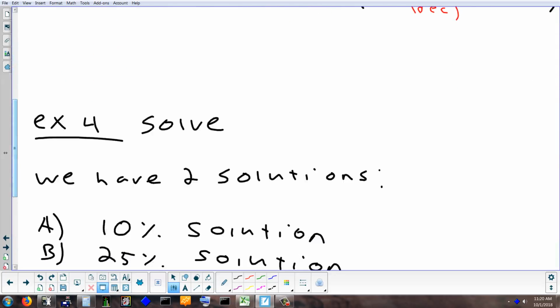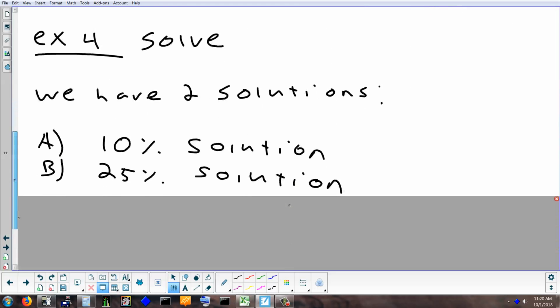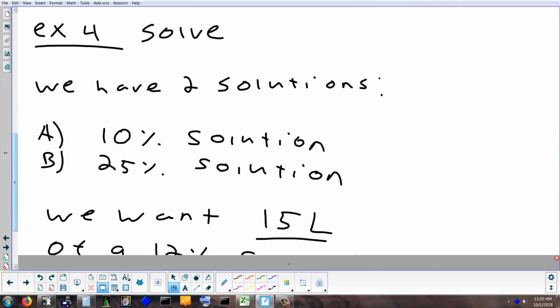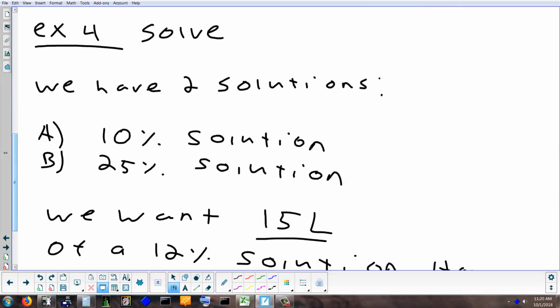Okay, so we have two solutions. One that's a 10%, one that's a 25%. I want to mix these two together so that when I'm done, I have 15 liters, and I want it to be a 12% solution. So just using common sense, which solution are we going to need more of?